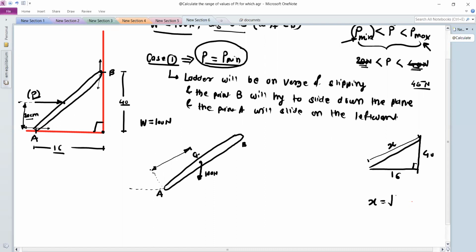So x is equal to the square root of 16 square plus 40 square. So the total length of the ladder is 43.08 centimeter. So this distance from A to G will be exactly half of this distance. So this is 21.54.